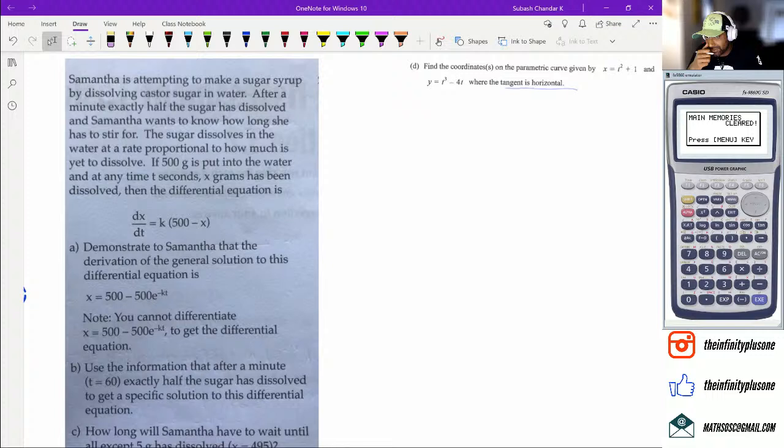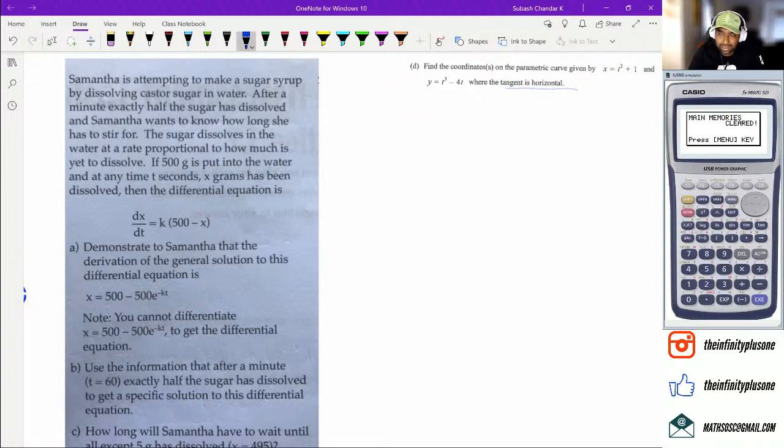But the nice thing is they've given us the equation, so it's just a matter of rearranging things. After a minute, part A is you've got to try and prove the differential equation. Whenever you see a differential equation, all you really have to do is swap things around.